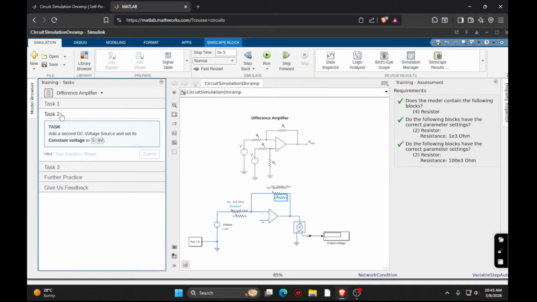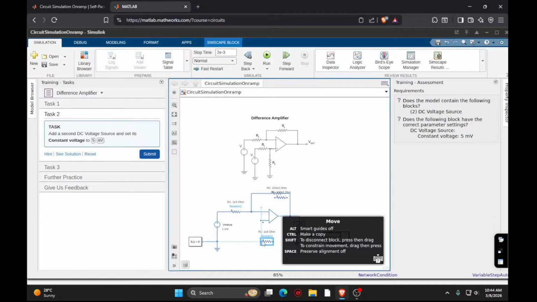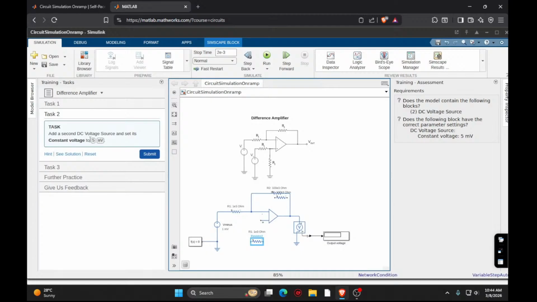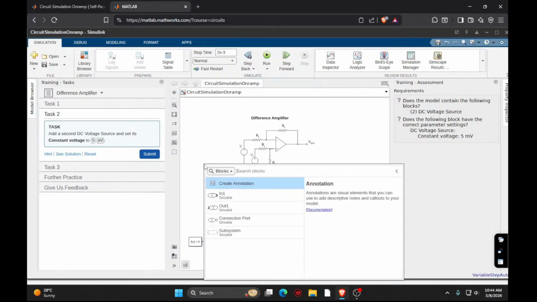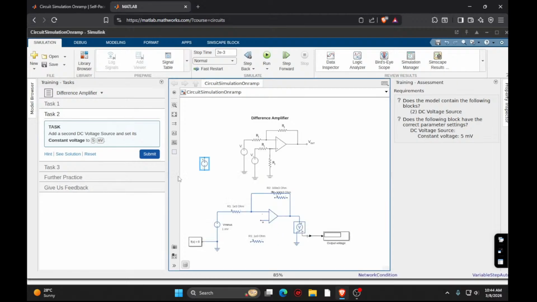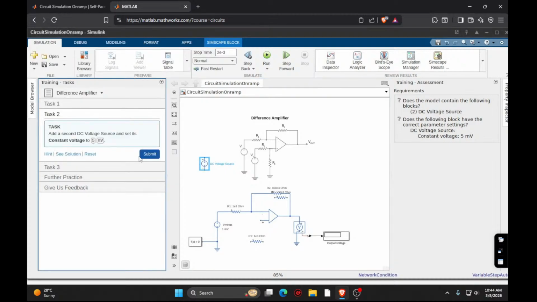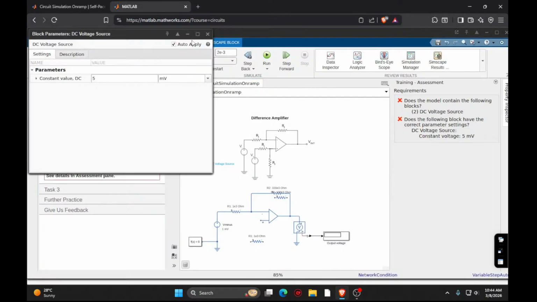Next, add a DC voltage source and set it to 5 millivolt.